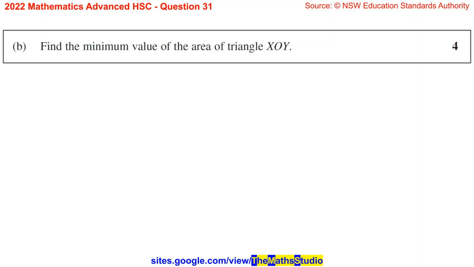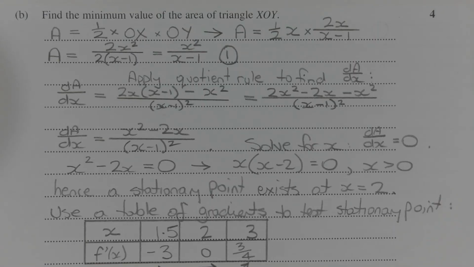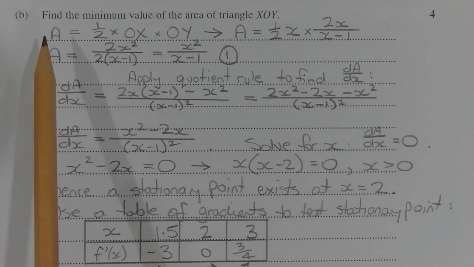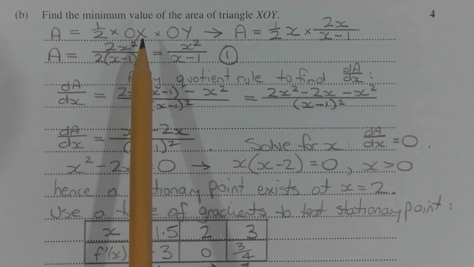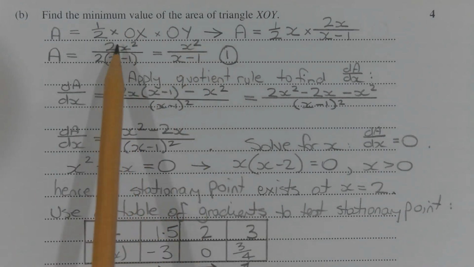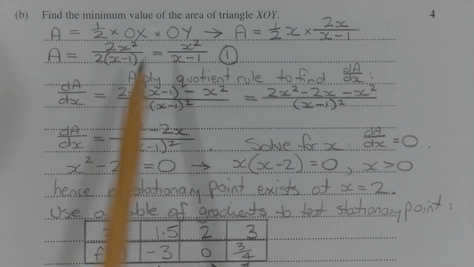Part B. Find the minimum value of the area of triangle XOY. Applying the area of a triangle formula, that is, area equals half times the base times the height, the area A of triangle XOY is equal to half times OX times OY, where OX is equal to x and OY is equal to y.